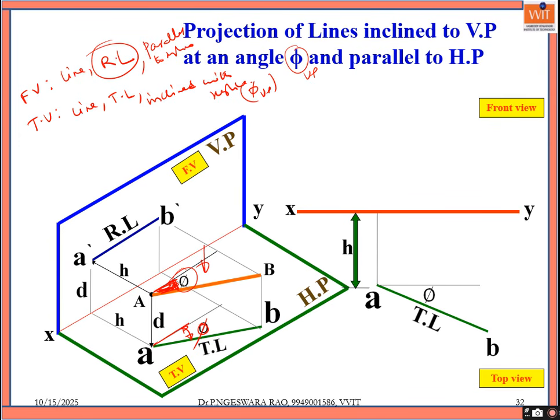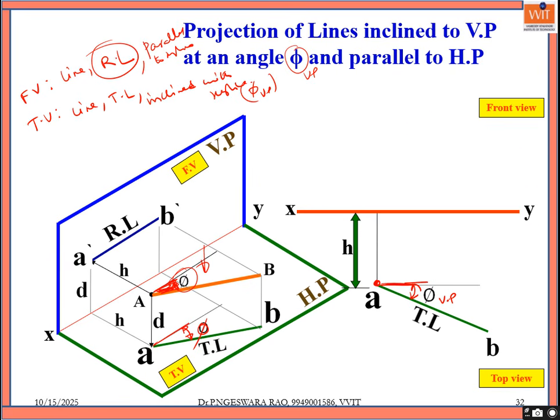Mark a point here and draw the line parallel to XY line, with the true angle phi, which is the vertical plane angle. That is, draw the line with the true length and true angle in the top view.